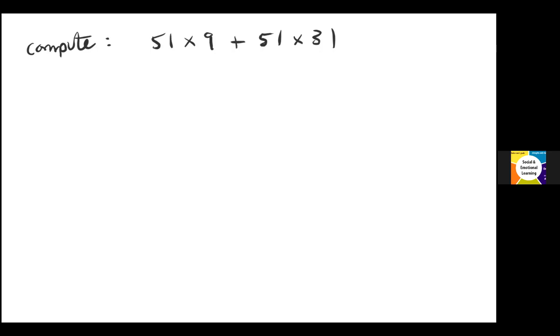If we remember the form of our distributive property, that's just a times (b plus c) is equal to ab plus ac. How could we use this idea to simplify this?